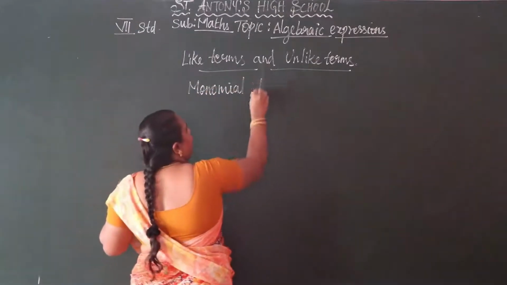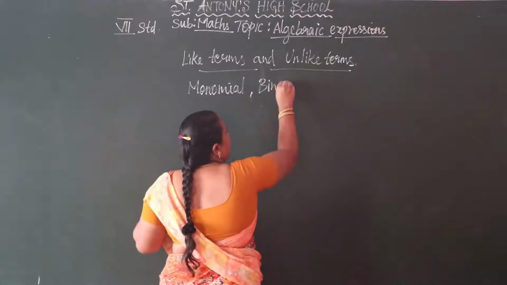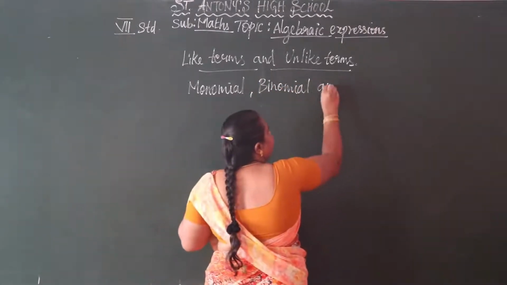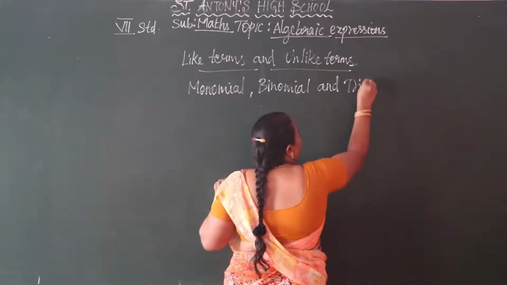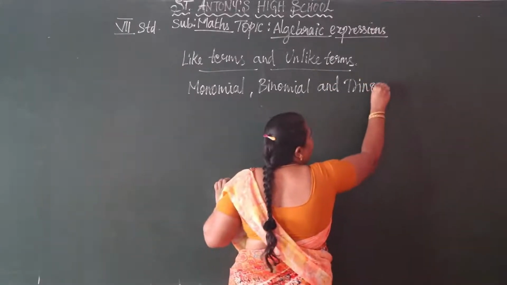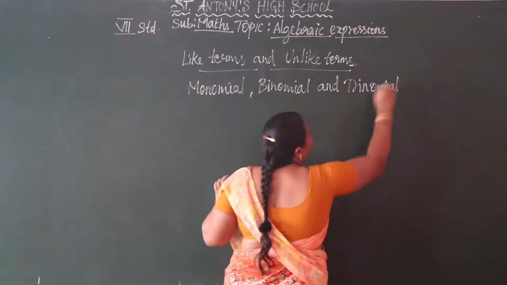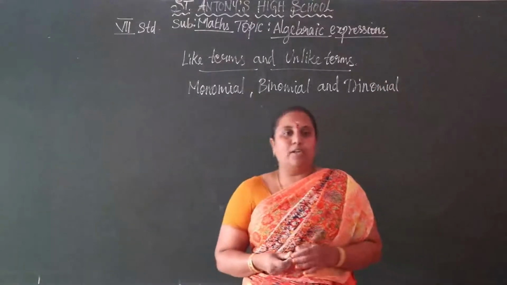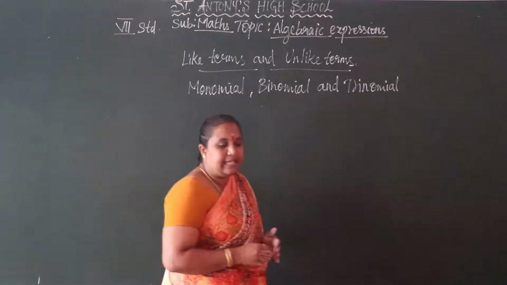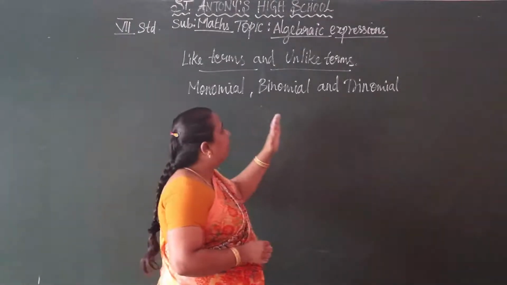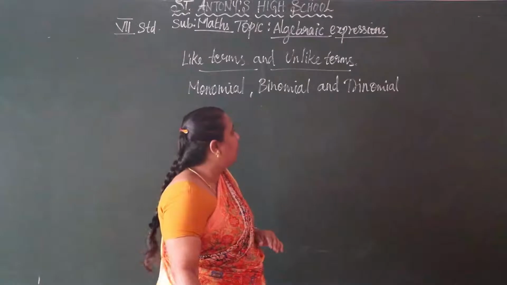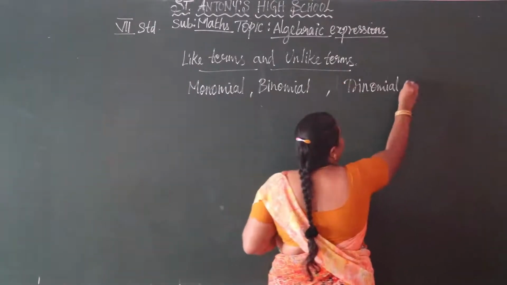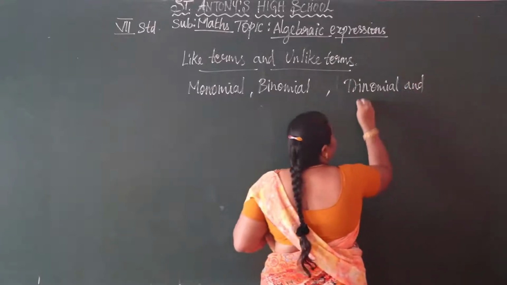We have monomial, binomial and trinomial, and we have polynomial terms also. As we have more than 3 terms, we have polynomial. So monomial, binomial, trinomial and polynomial.